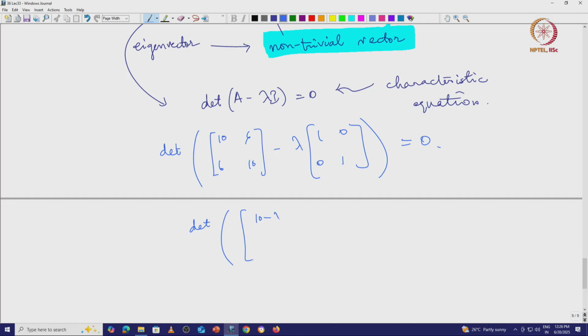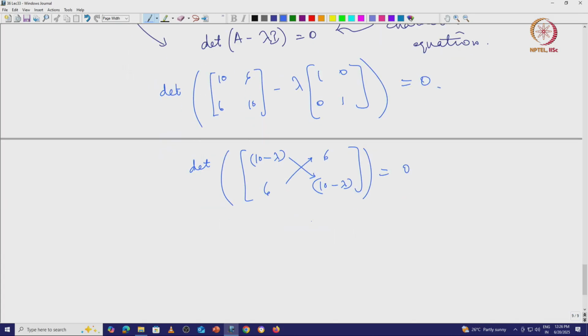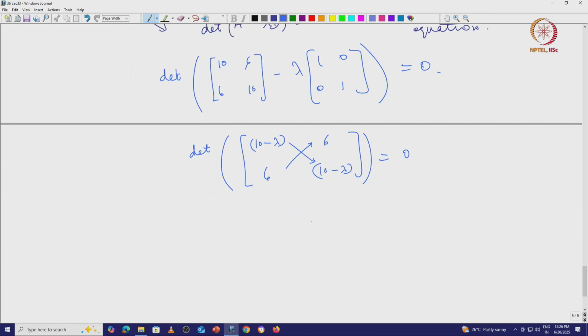So that is 10 minus lambda, 6, 6 and 10 minus lambda. The determinant of a 2 by 2 matrix is really easy. You just multiply the opposite elements and then subtract the result. So this becomes 10 minus lambda whole squared minus 6 squared, in this simple case.